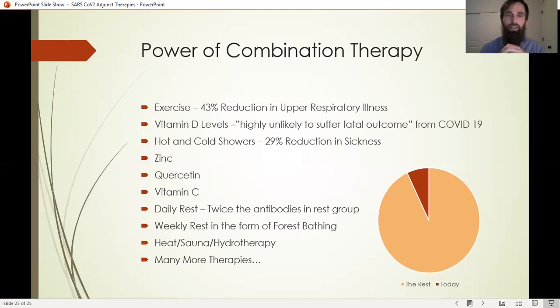We need to focus on things that are simple, effective, and less dependent on the supply chain. As long as you have a home that has hot water, you can do hot and cold treatments. As long as you have access to healthy food, you can get a lot of these nutraceuticals in whole food form.